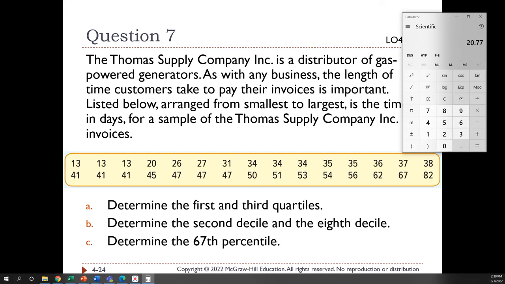About number 20.77. I don't think that's actually correct there. Let me check on how that is going.